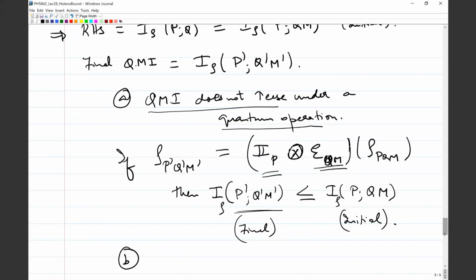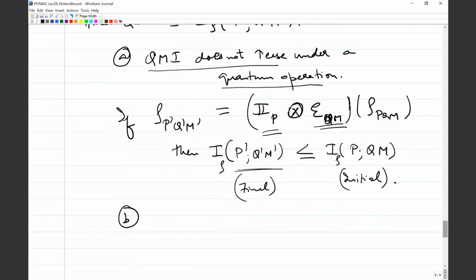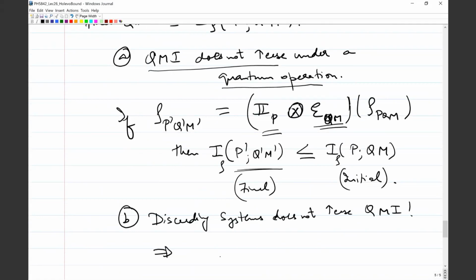So the second property is that discarding systems does not increase mutual information. And therefore, the mutual information between P prime and Q prime is always less than or equal to the mutual information between P prime and Q prime M prime.